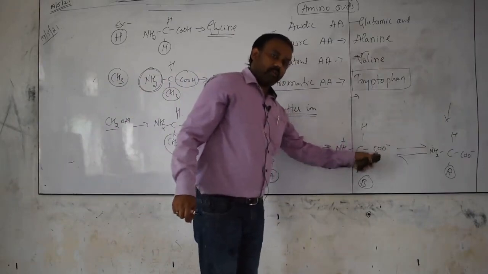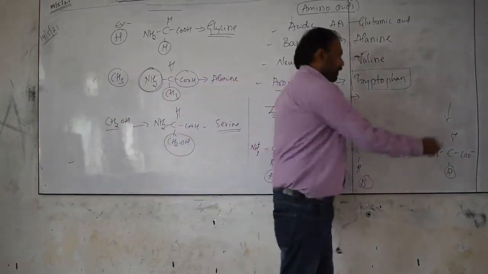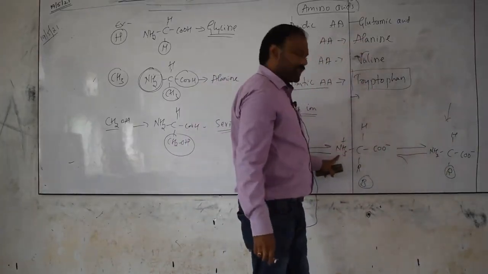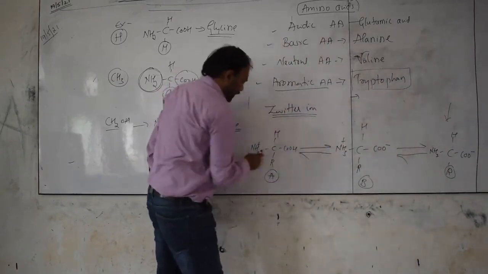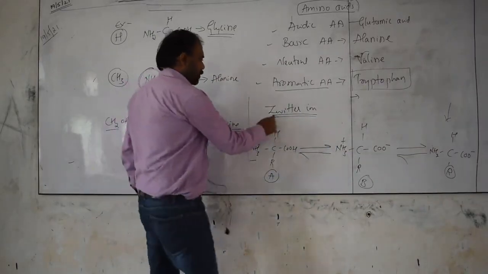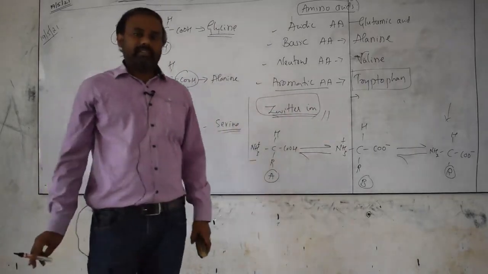When you add one hydrogen to this, it will become like this, it gets one hydrogen. Again, when we add one more hydrogen, it will become NH3 plus with COOH as it is. This is called the zwitterionic form. This is also one of the natures of amino acids.